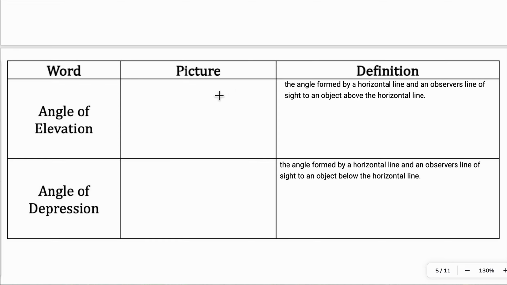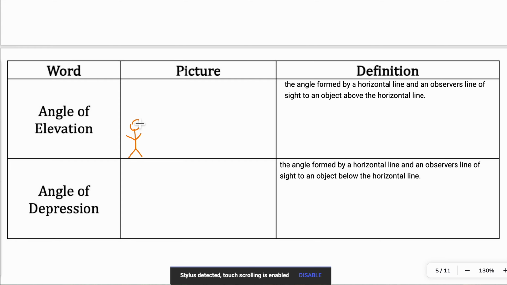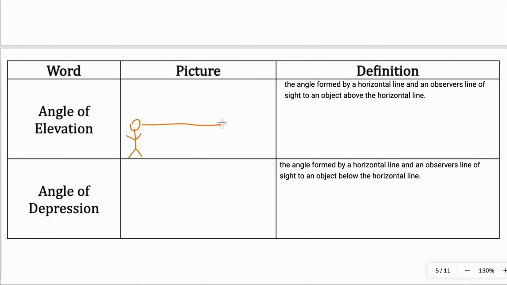So when you're looking at angle of elevation, you want to picture someone standing. So we're going to draw a person. Lovely drawing here, and their line of sight is at eye level. So maybe they are looking up at a bird flying in the sky.